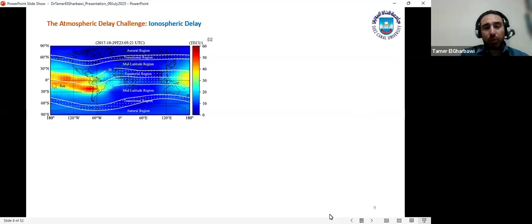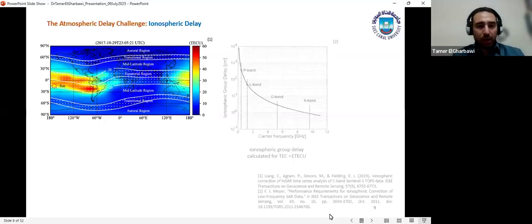To see the importance of this ionospheric delay, consider the lower latitude regions around the equator. They have a lot of error due to the ionosphere, and it has to be corrected.